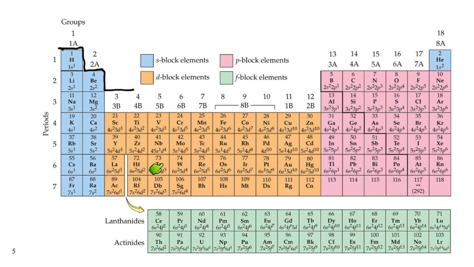So there's 1, 2, 3, 4, 5, 6 in the D. Actually, I'll just write that on here. So we have xenon, 6s2, 4f14, 5d6.